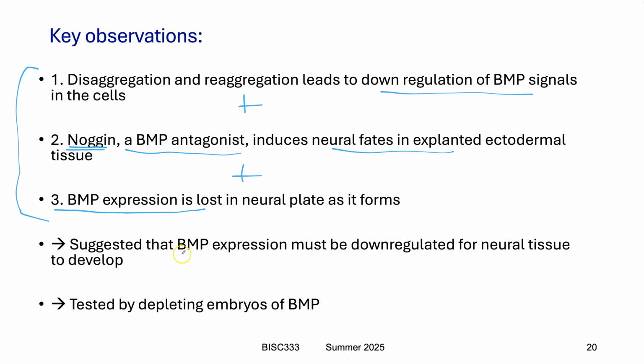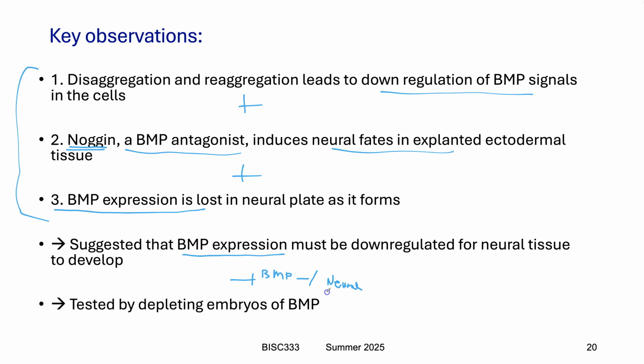So this suggests that it's not actually a signal that's activating neural expression, but in fact it's the reduction of or loss of BMP expression, the downregulation of it, to allow neural tissue to develop, which would suggest that BMP is basically preventing neural fate. And so you have to repress the repressor in order to get neural fate.